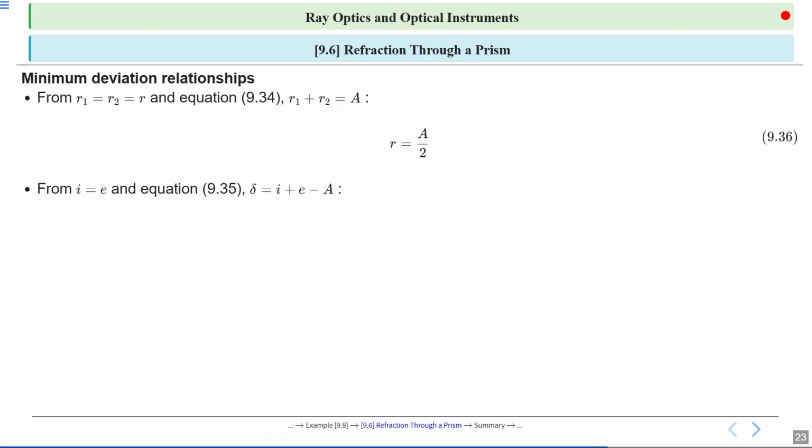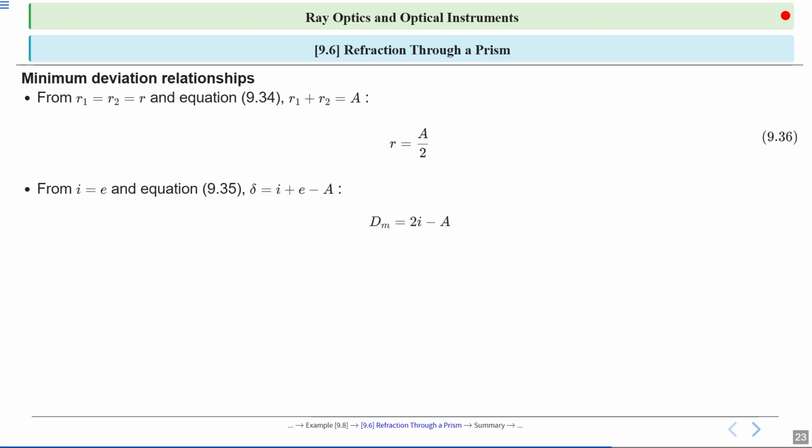Next, let's consider the condition where the angle of incidence i equals the angle of emergence e. From equation 9.35, we know that the deviation angle delta is given by delta equals i plus e minus A. This relationship is key to understanding how the path of light changes as it travels through the prism.